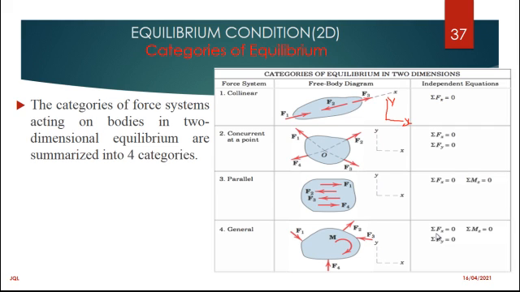If you define it like that, instead of one equation, you are going to have two: summation of forces in the x and summation of forces in the y, which also applies for concurrent forces at a given point.